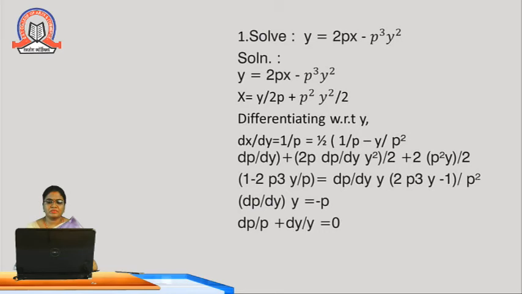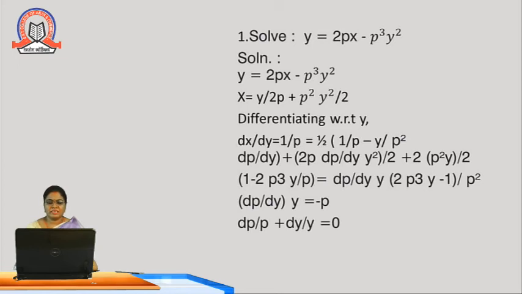Differentiating with respect to y, dx by dy equal to 1 by p, because p equal to dy by dx. Right hand side answer is 1 by 2 using division rule, 1 by p minus y upon p square dp by dy plus 2p dp by dy y square upon 2 plus 2 into p square y by 2.